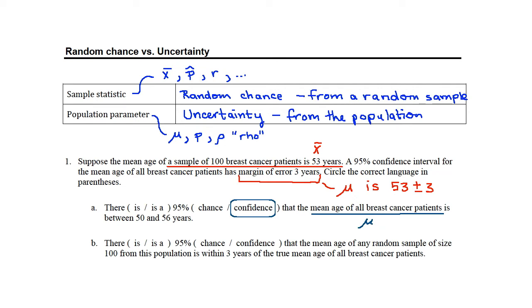And so I would read this more naturally as there is 95% confidence, not there is a 95% confidence. Anytime we're talking about random chance, we tend to use the word chance or probability or likelihood.